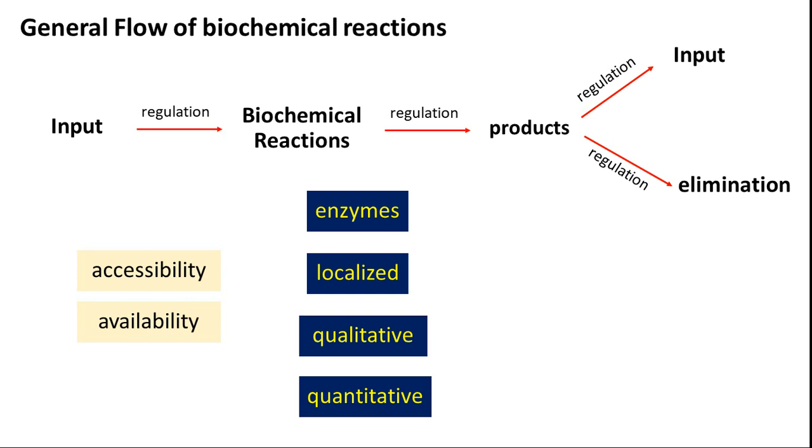Then that leads to a problem. The third one is that an enzyme is supposed to function at a particular site only. Let's say a metabolizing enzyme is supposed to stay inside the liver hepatocyte, but when something happens, it will be leaked into the general circulation, so that enzyme will be there everywhere.